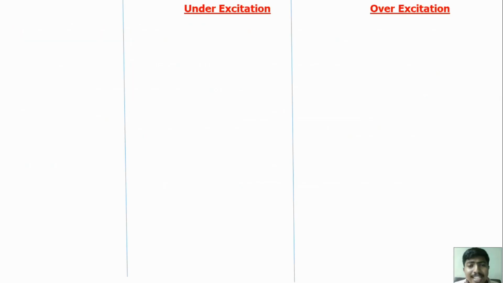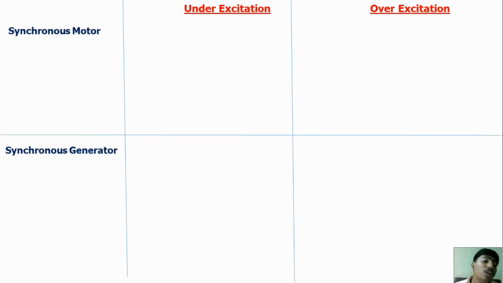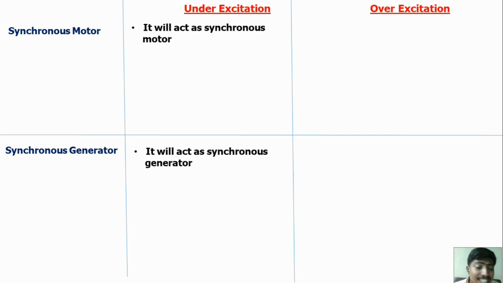Now, we will discuss the comparison of the synchronous motor and synchronous generator during under excitation and over excitation conditions.